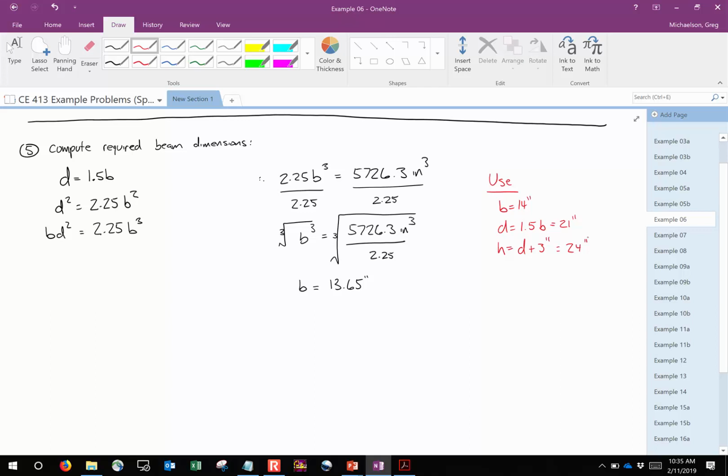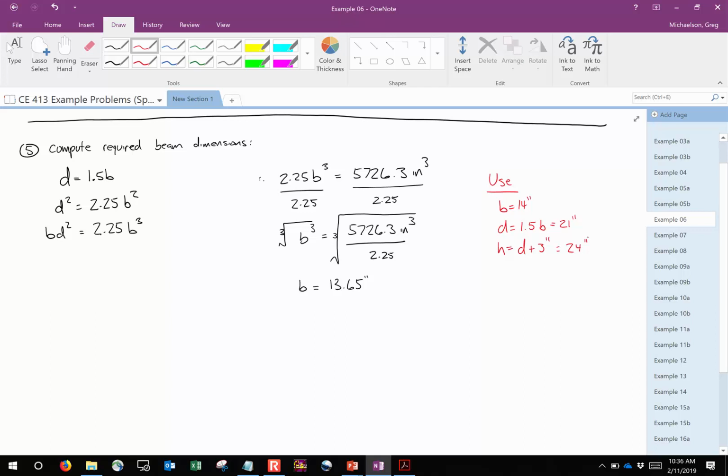Plus, at this stage of the design process, I'd rather have a beam that's too big, and then at the end, when it's all said and done, it's not very efficient, then I've got something to chip away at. As opposed to rounding down and then at the end of the process the beam is no good. It's almost like now I have to start over again. So I'd rather have a little bit more than I need and chip away at it than the other way around. That's a good question, though.